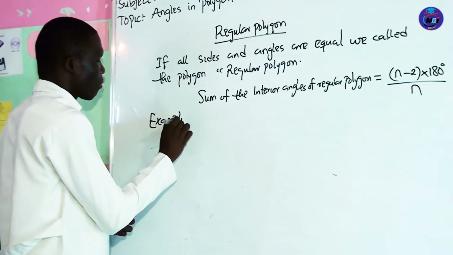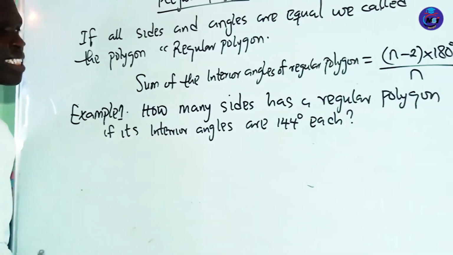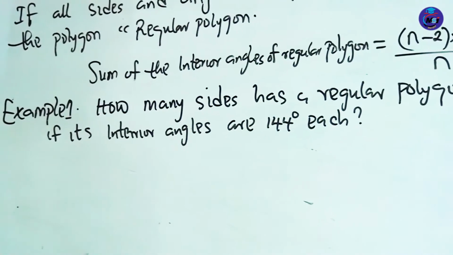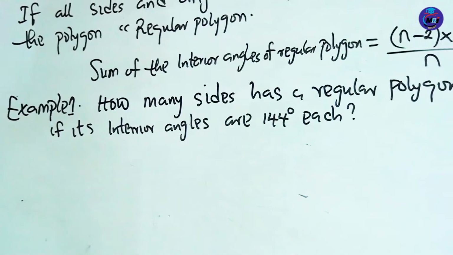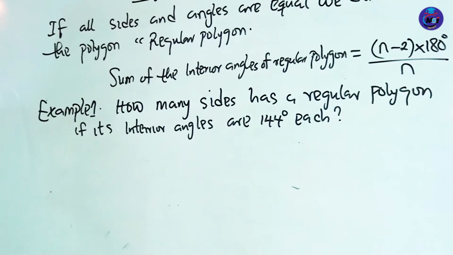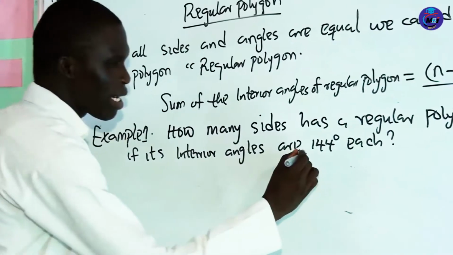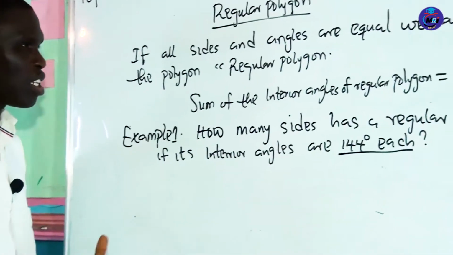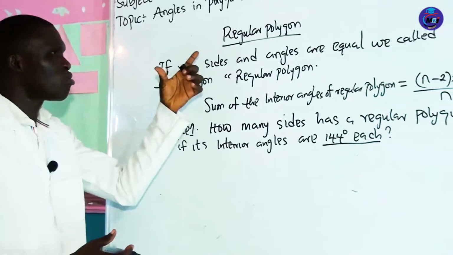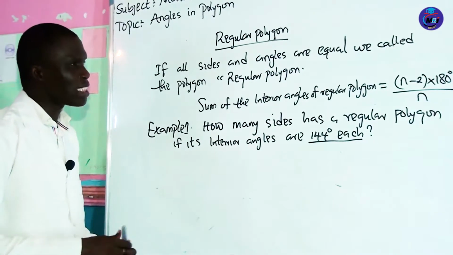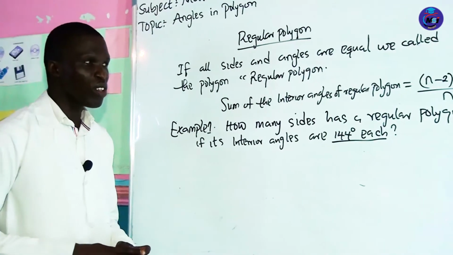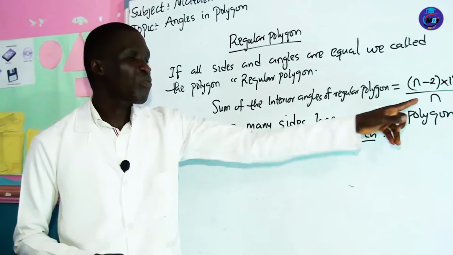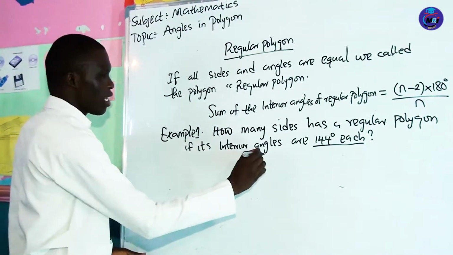Example: how many sides has a regular polygon if its interior angles are 144 degrees each? Remember, each is referring to what? Regular polygon. And in this type of polygon, we are going to apply this formula, right? Okay, let's solve together.